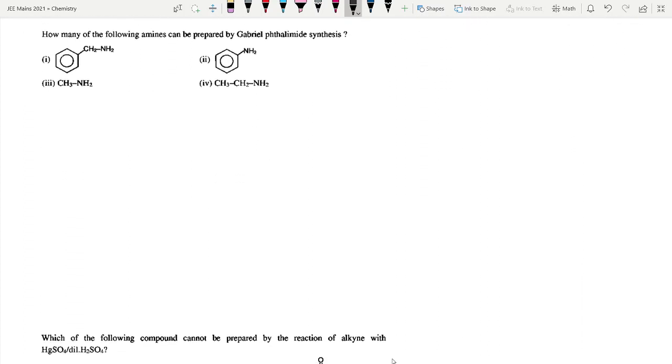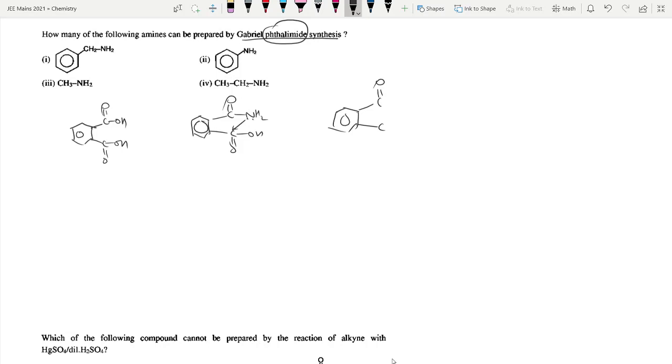How many of the following amines can be prepared by Gabriel phthalimide synthesis? Now, what is Gabriel phthalimide synthesis? You know phthalic acid. Then you know phthalic acid amide. You have to think of phthalimide, the amide of phthalic acid. If you take a CO and put an NH2 here, you can see very easily that this can attack here, and the phthalimide should be like a double amide.